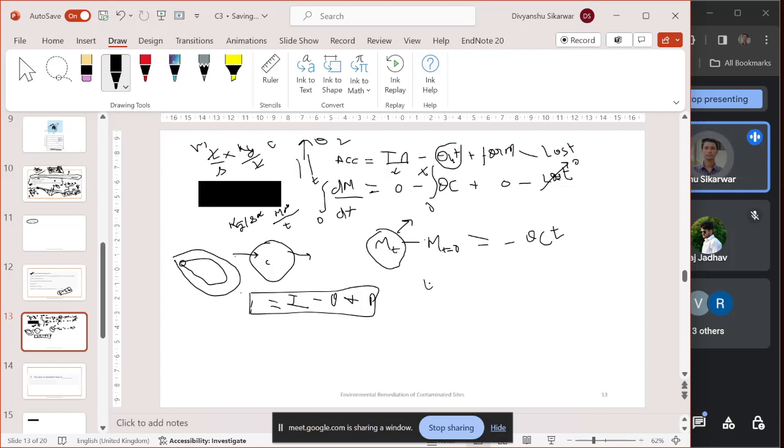If I want to calculate the time for remediation, how much time it will take to remove the complete mass of contaminant present at M at t equal to 0, I can calculate it as T. If I am talking about complete remediation, what will be the value of M at time T?